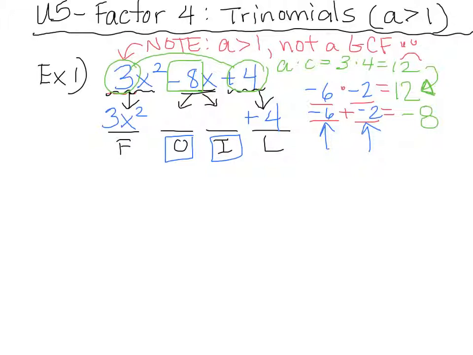So I write it as, in one spot, the -6 with an x, and the -2 with an x. So the two numbers from the chart we use to split up that middle x term into two pieces, and it doesn't matter the order. The -2x could have been written in the O spot, and the -6x could have been written in the I spot. So we split that middle term.